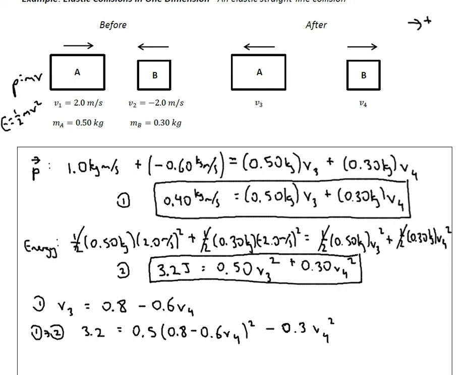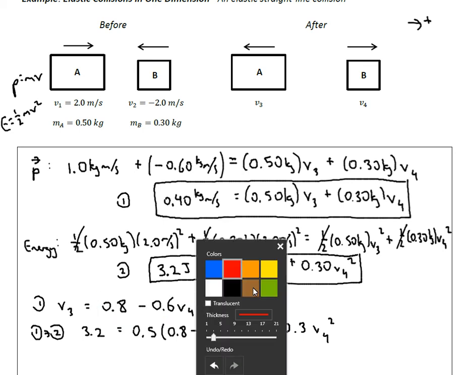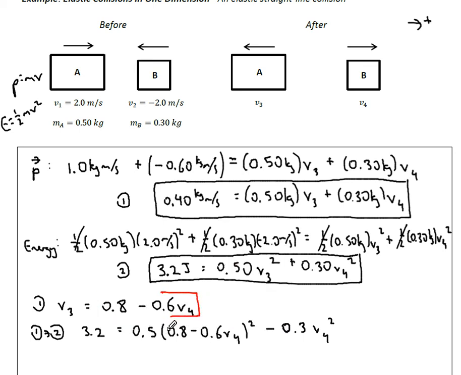If you can't see it, all I did is this is V3, and we plugged it right into V3. So the equation is exactly the same, but V3 has been replaced by 0.8 minus 0.6 V4. And now it's just a matter of solving this quadratic equation.